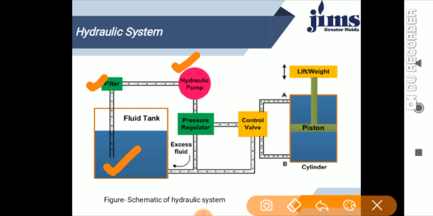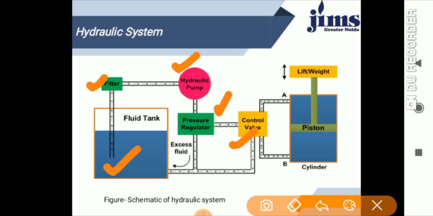See, this hydraulic pump is associated with the pressure regulator. After regulating the pressure, it sends the desired pressure to the control valve. I already told you the function of the flow control valve: it will control the liquid flow rate.